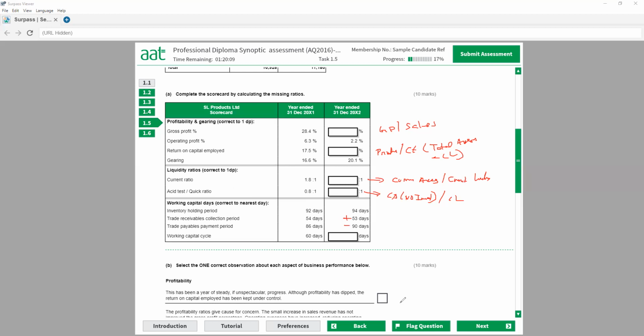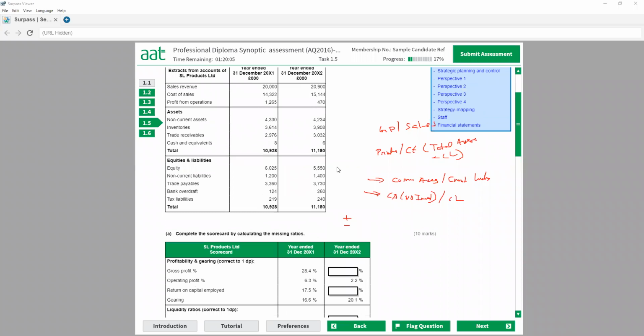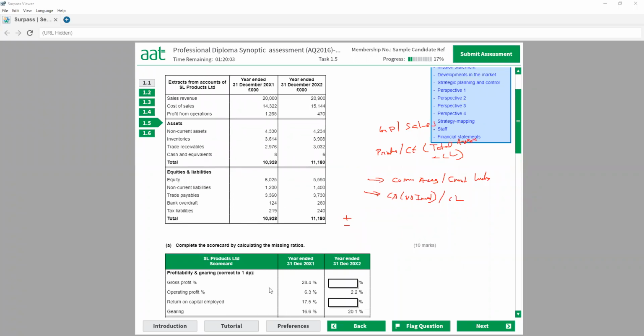Let's have a look at how we can solve this problem. The first thing we need to know is the gross profit. Here we have sales and we have a cost of sales. So sales minus cost of sales gives me the gross profit. 20,900 is the sales minus 15,144, and this gives me 5,756.